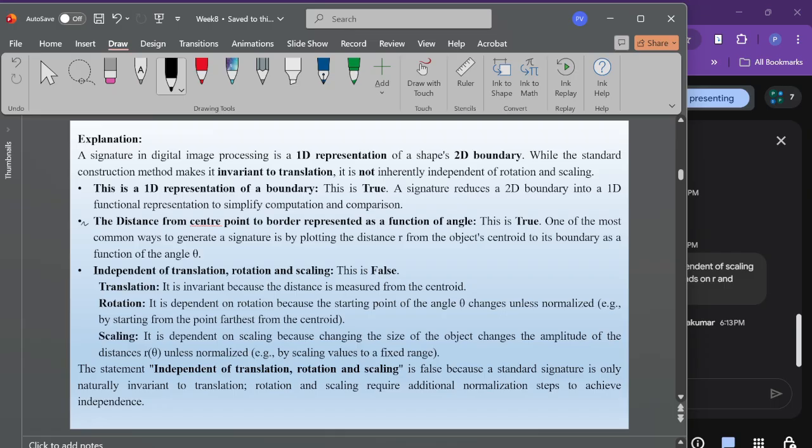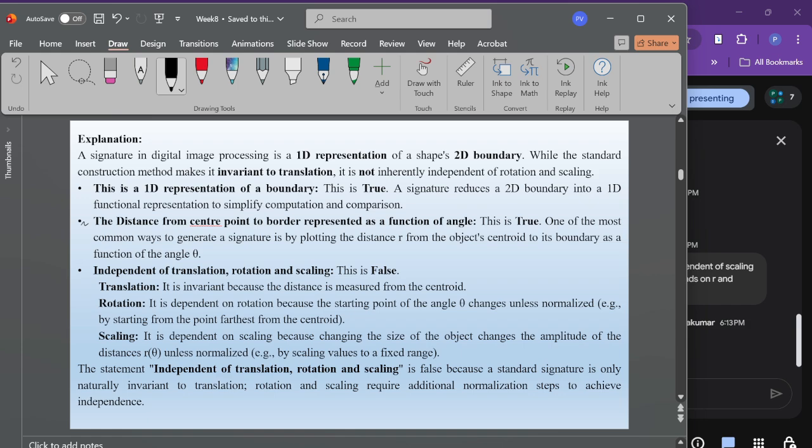So this is false, because for translation it is invariant since the distance is measured from the centroid. For rotation it is dependent, because the starting point of angle theta changes unless normalized by starting from the point furthest from the centroid.